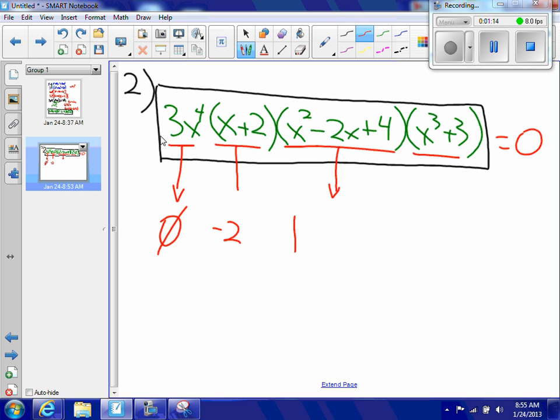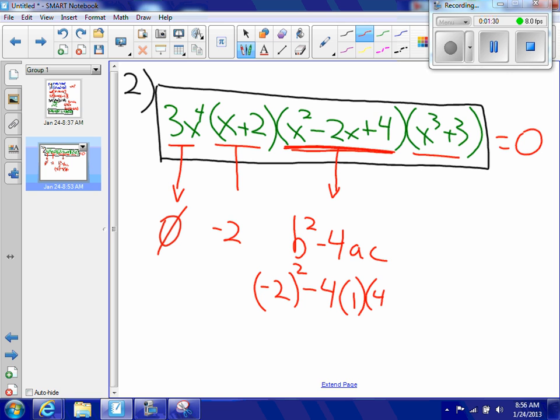So the discriminant is b squared minus 4ac, and I'm just doing it for this quadratic part right here. Okay, so b squared would be -2 squared minus 4 times 1, which is a, times 4, which is c. Well, this gives me 4 minus 16, which is equal to -8.